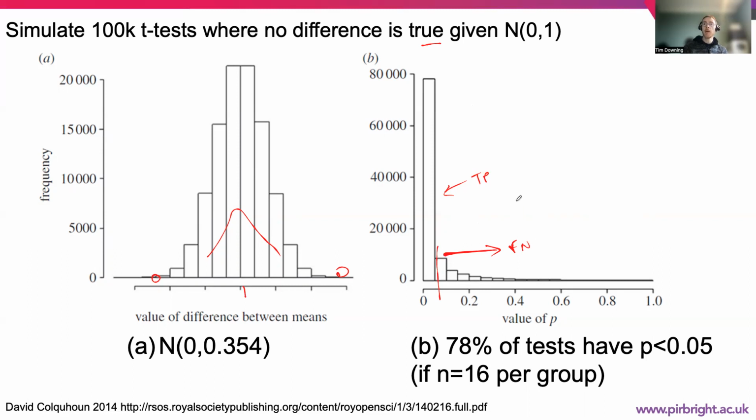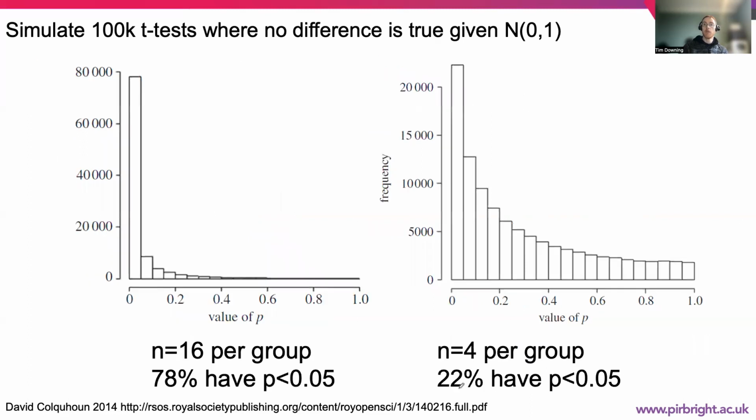So you can see that even if we have true effects, we only have a certain power to detect them. That corresponds to 78% if we have 16 per group in this instance. If we look at other instances where we have 4 per group, we'll find that only 22% of tests reach 0.05.